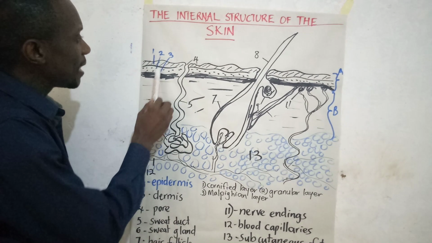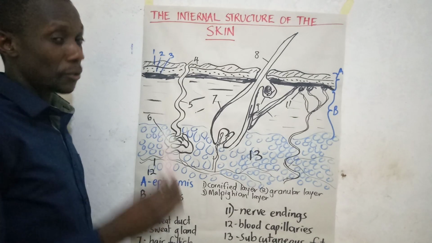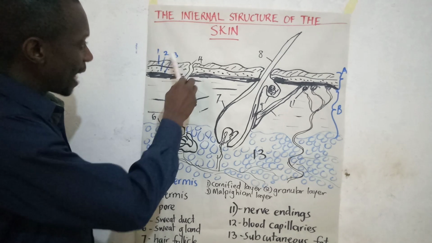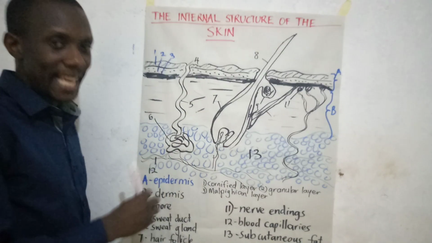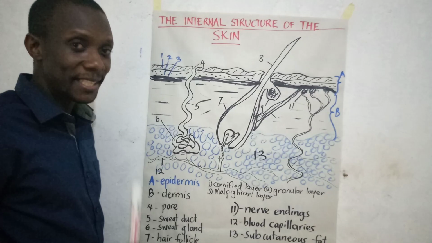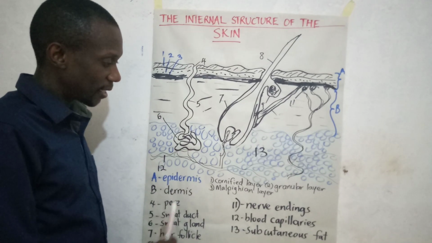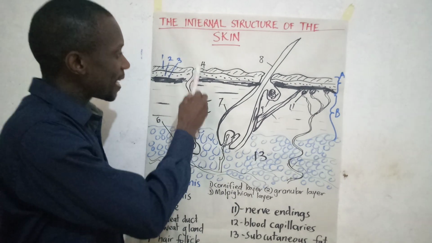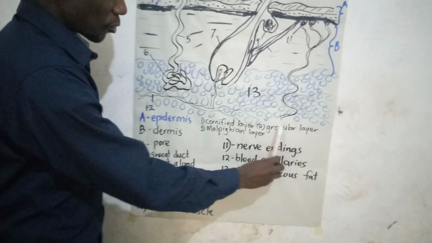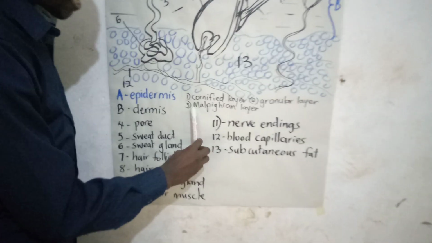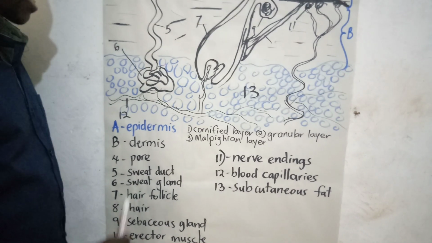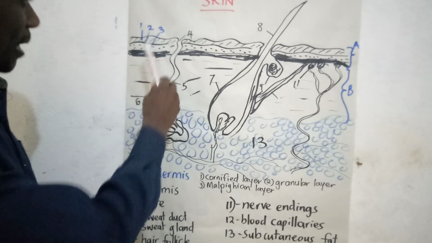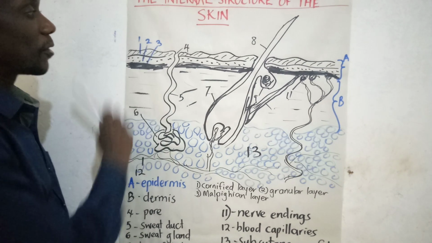The middle one, which is 2, is called the granular layer, and the third one is called the Malpighian layer. Spellings are very important when it gets to this. Cornified layer, granular layer, and Malpighian layer.